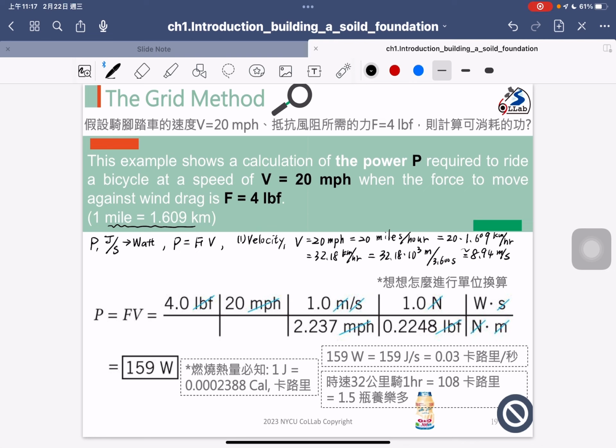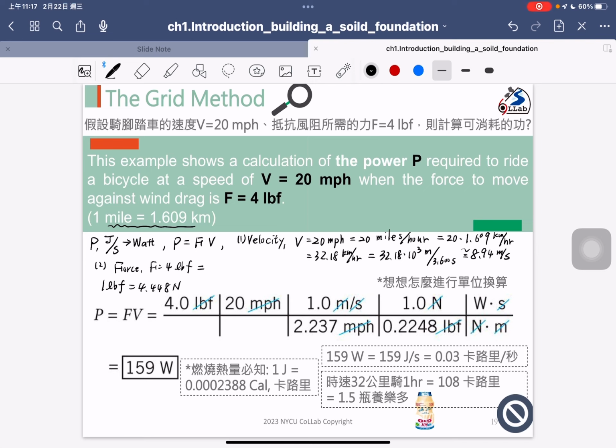Because the force is equal to 4 pound force, our purpose is to convert pound force to newtons. If we remember, 1 pound force will equal 4.448 newtons, right?